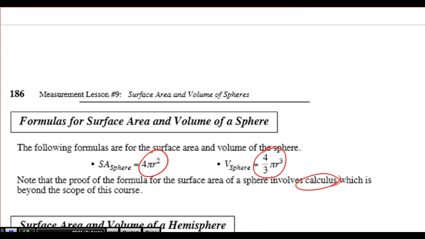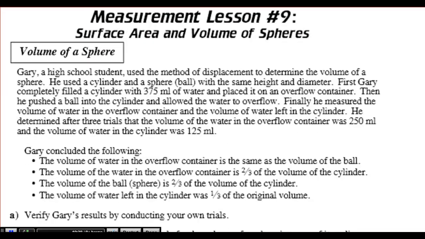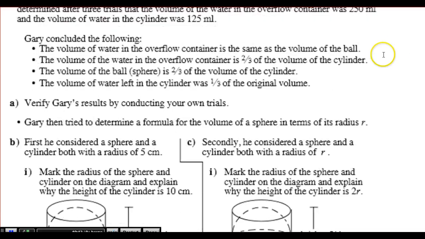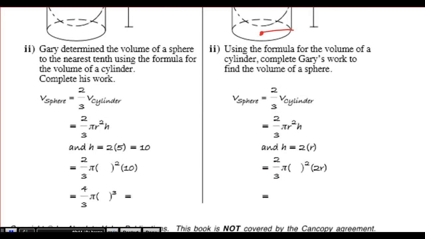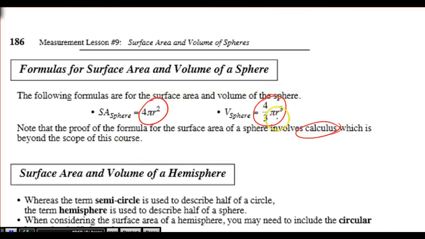But again, if you do want to develop more of an understanding of how they get these formulas, where they come from, just read this section through and follow the steps, and you'll easily see why the volume is 4/3 pi r cubed there. It's actually 2/3, and then they multiply it by the extra 2 because the height is 2 times the radius. Anyway, thanks guys for watching, and we'll see you in class.